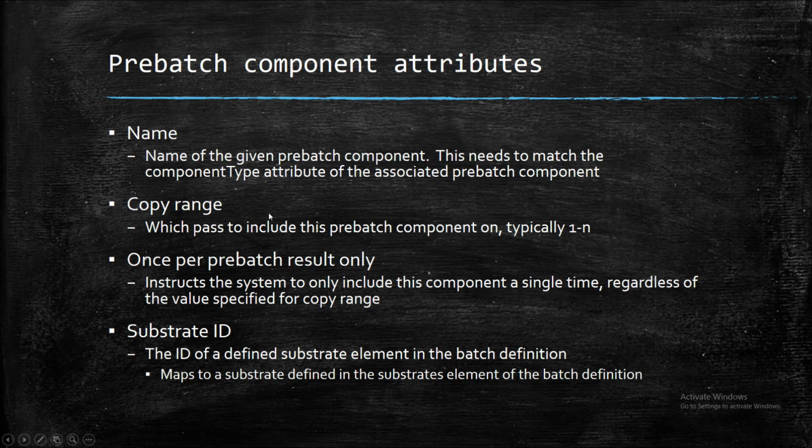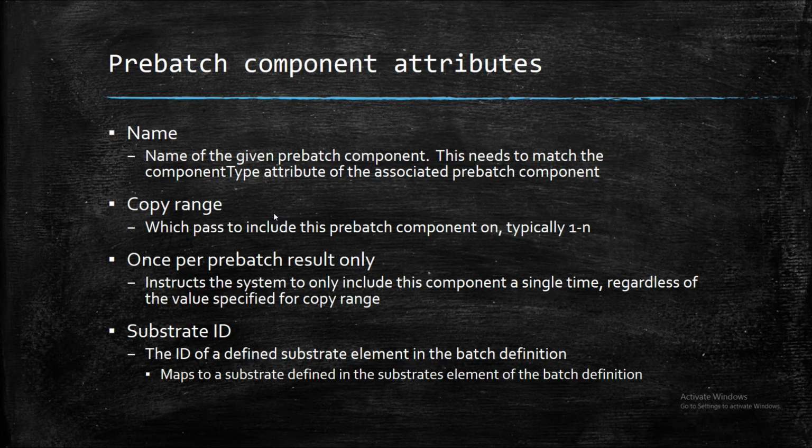And then next we have once per pre-batch result only. Now this attribute basically says even though you might have to iterate through the list of items within the pre-batch components order 5 times, you can override that and say only include this one pre-batch component once.